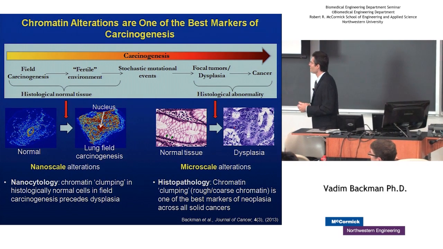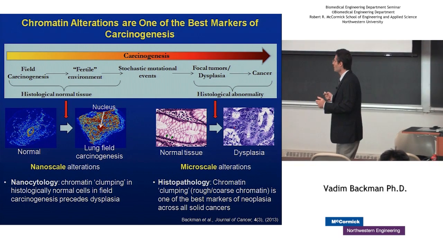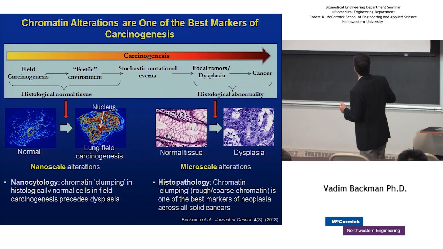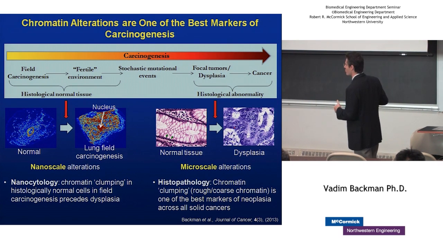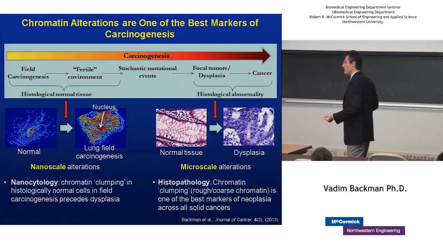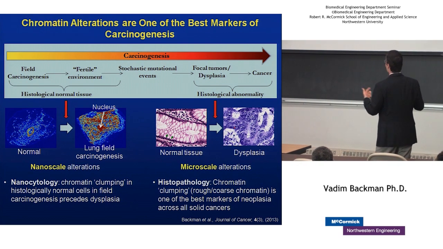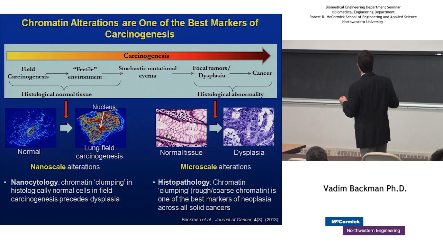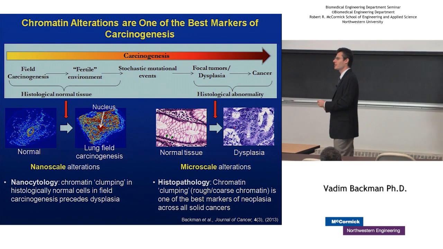So what we found is that at the level of dysplasia or precancer, when you can actually see that cells are precancerous or cancerous, how do you diagnose this? Well, there are well-known microscale alterations that are the gold standard of clinical diagnosis.